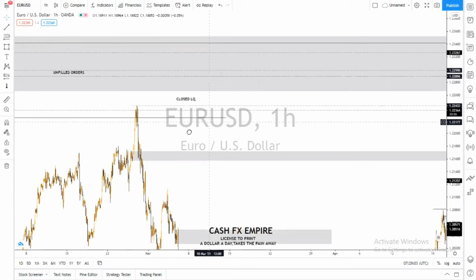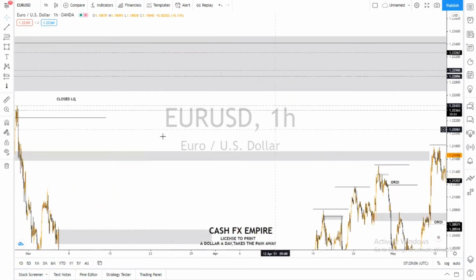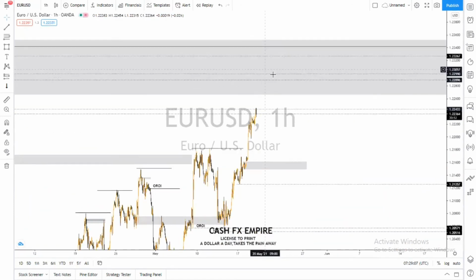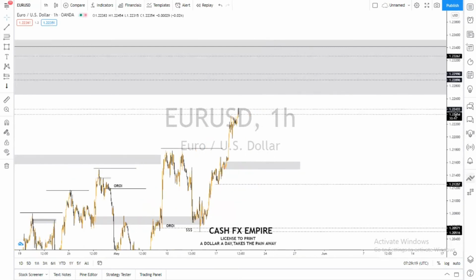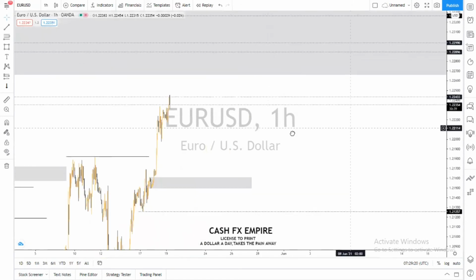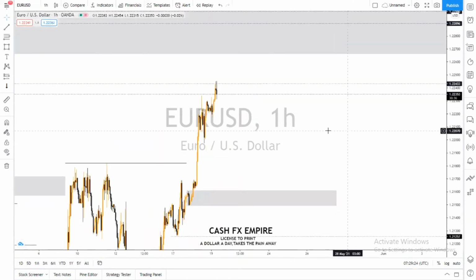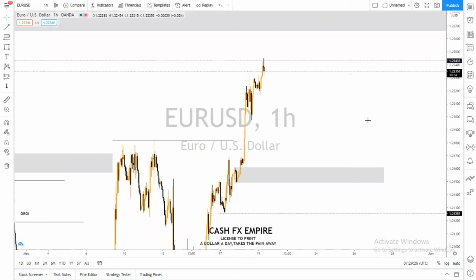So when price drops down on DXY, price will rally up on euro dollar. So we hope to come and sell this from in here, and we hope to come and buy DXY from down there. So with that in mind, we'll keep this insight at heart, considering what is currently happening here.